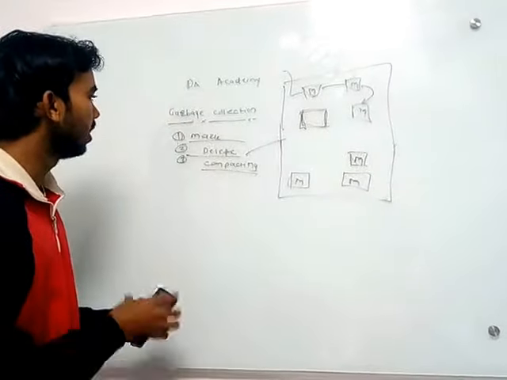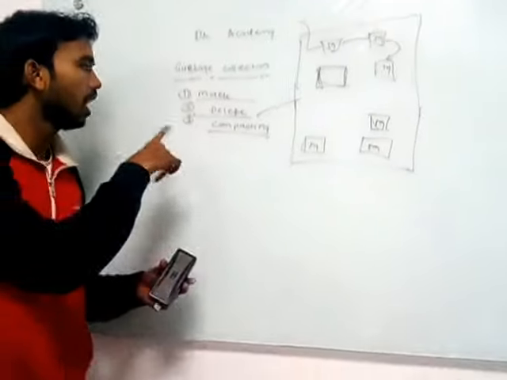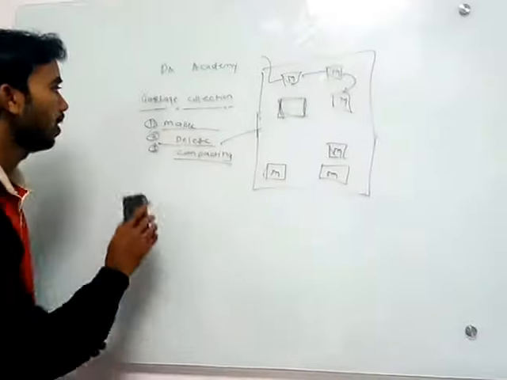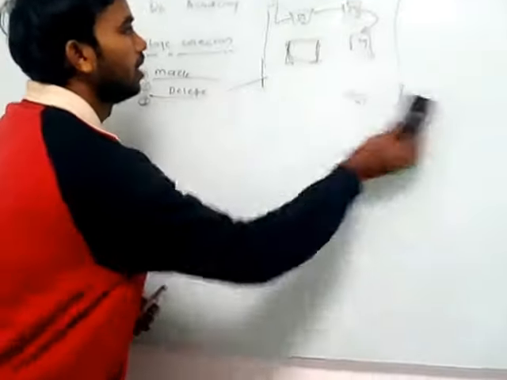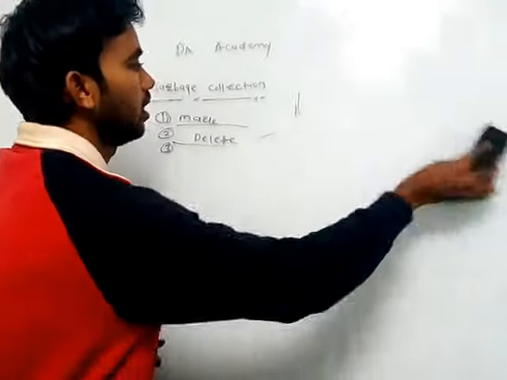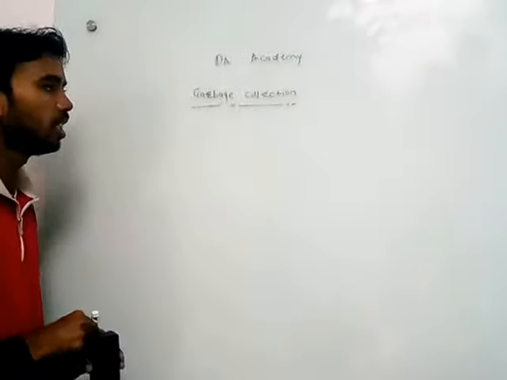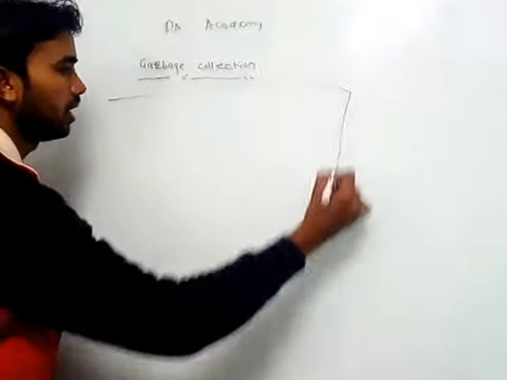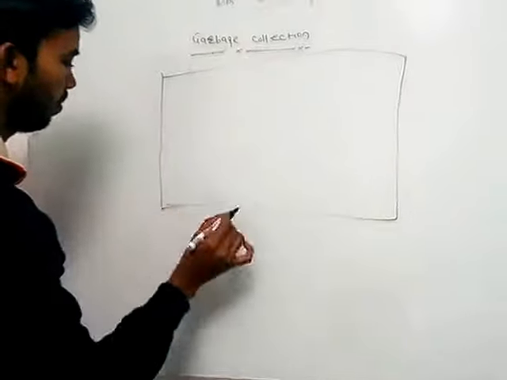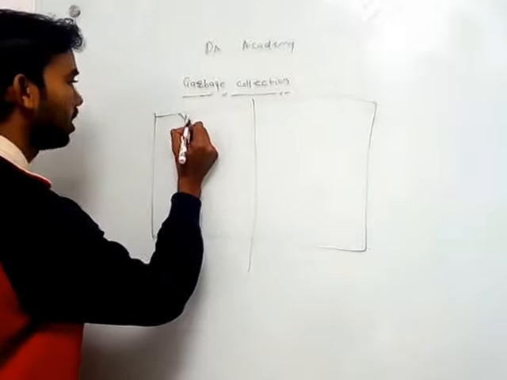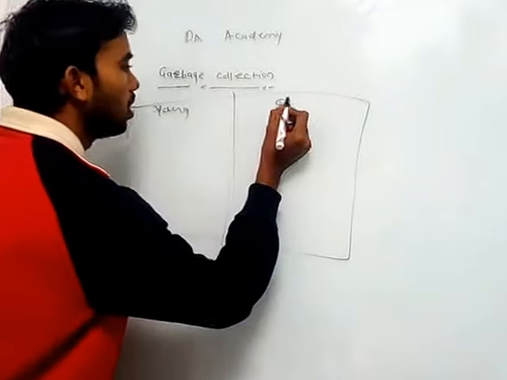Okay, we will see in detail how mark, delete and compacting happen using a diagram, where I will explain how objects move from one generation to the second generation. Suppose this is the memory. It contains the young generation and the old generation.